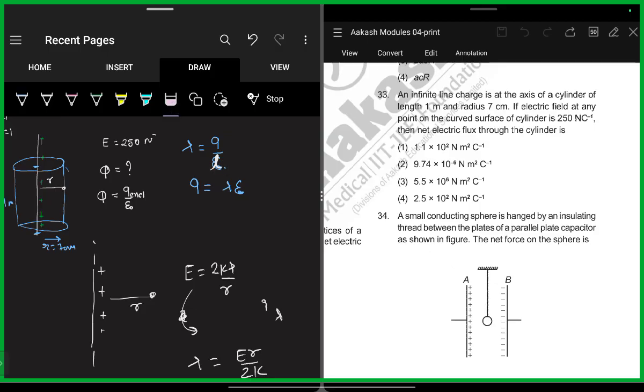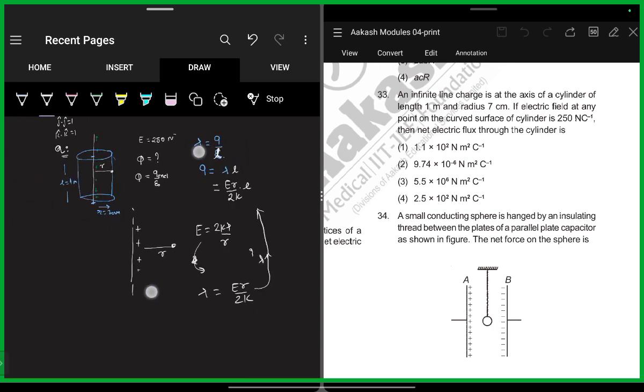It's this charge, right? That is the charge because it's a linear charge density. So it will be lambda L. Okay, so here if you put this value, then you will end up with a charge as Er divided by 2k multiplied by L, right?